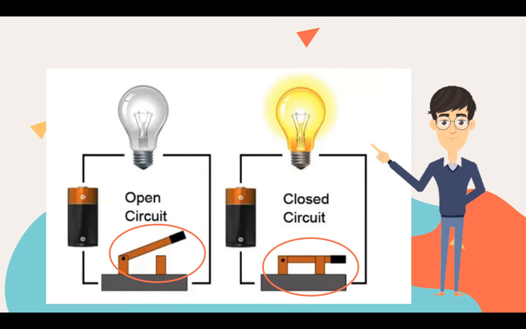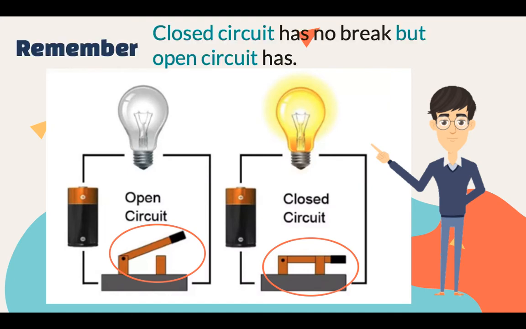However, in an open circuit, the electricity cannot flow through since there is a break. Notice, the switch in the open circuit is off, while the switch in the closed circuit is on. Remember, a closed circuit has no break, but an open circuit has.